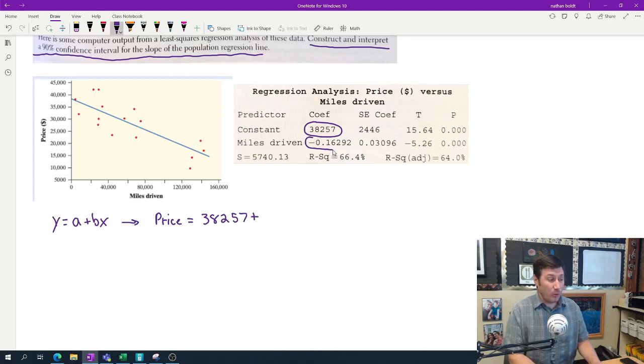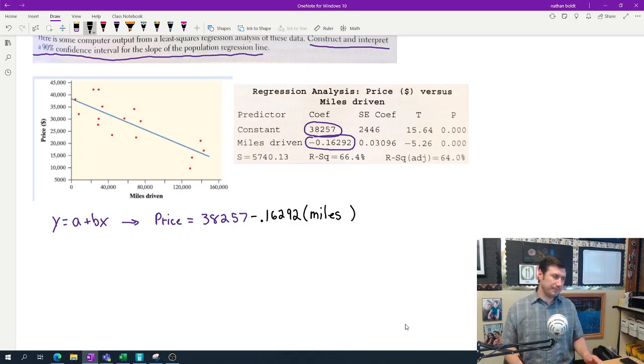This is going to be our point estimator when we do our confidence interval. That's the slope of the regression line. So I guess I should put minus then, shouldn't I? Minus 0.16292 times miles. How many miles has it been driven?